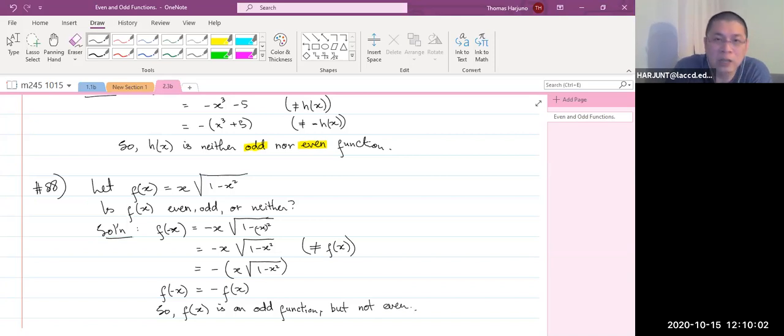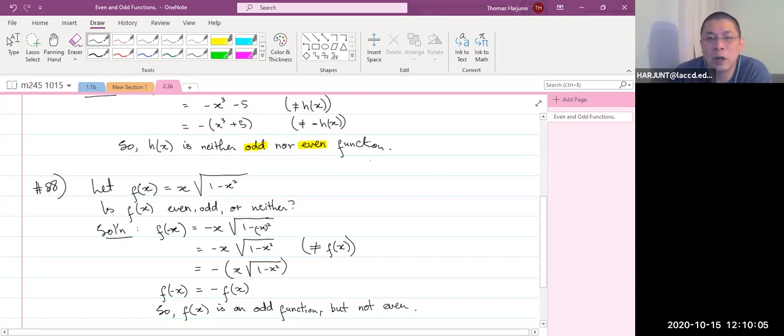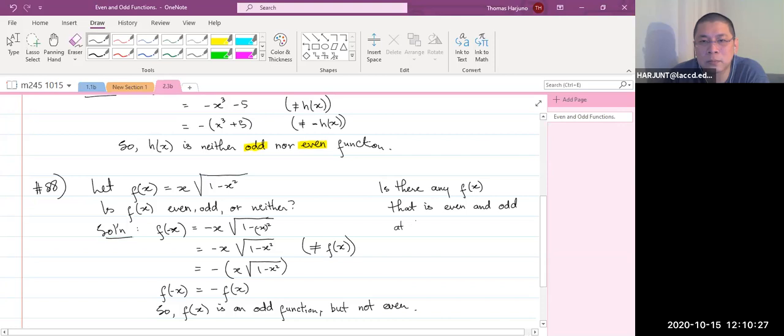One student once asked me this question: is there any function that is even and odd at the same time? And the answer is yes.